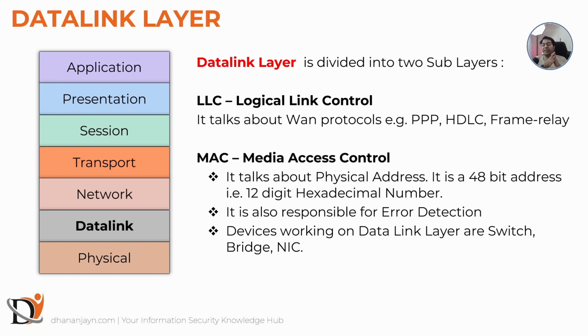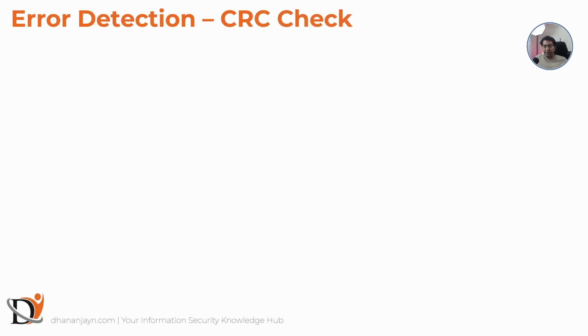But who is it that is detecting that error? So that is what we are talking about here. The data link layer is the layer which detects those errors, and then it communicates back to the source transport layer. So that is the point that I wanted to emphasize here.